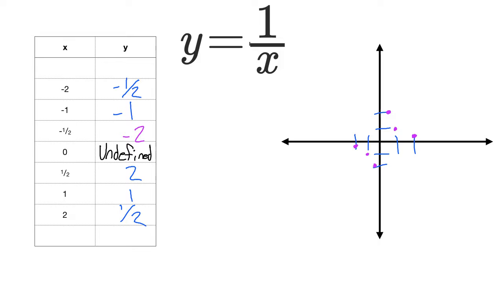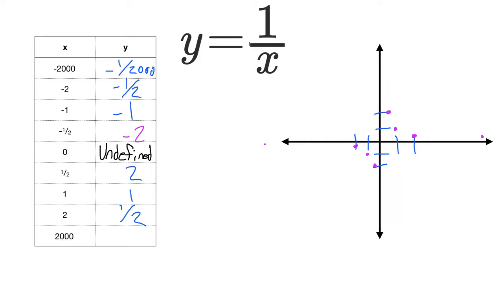Now, what ends up happening as we go on is, what if I put in negative 2,000? What you would notice is this would become negative 1 over 2,000, which is almost 0. So as it goes further out into the negatives, it gets closer and closer to 0.